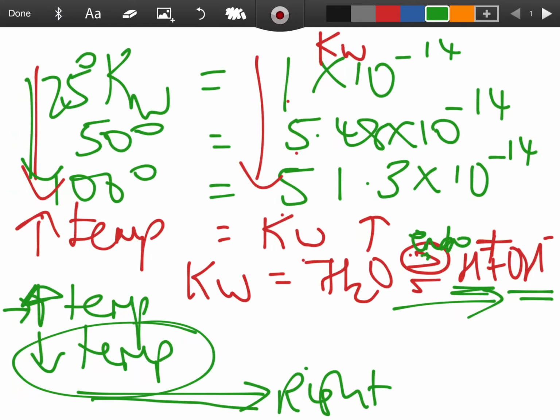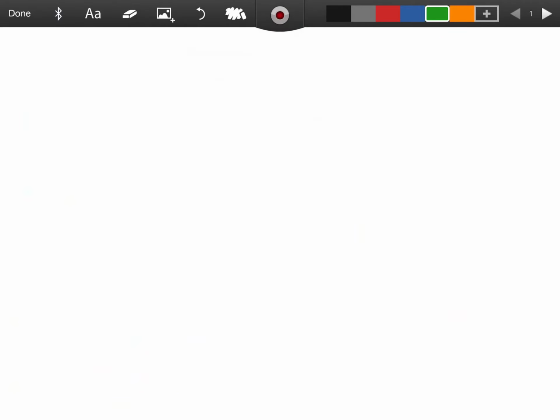As the temperature increases from 25 to 50 to 100, the value for Kw increases, which means you have more H pluses and more OH minuses, more ions present. So if you increase the temperature, the equilibrium is driven over to the right-hand side. Why is it driven over to the right-hand side? To decrease temperature. So the forward reaction must be endothermic.